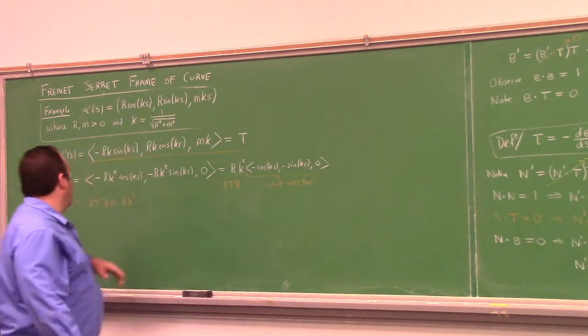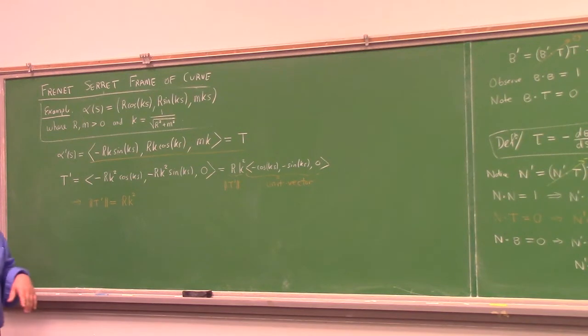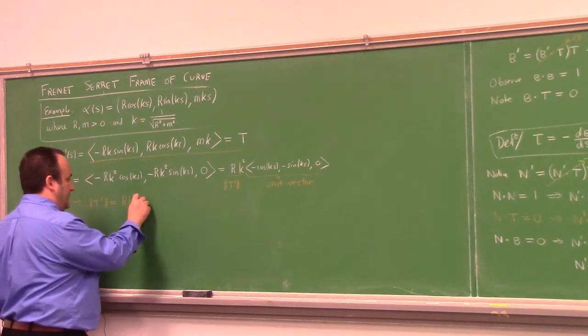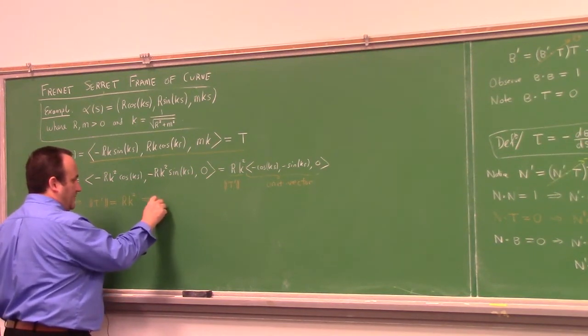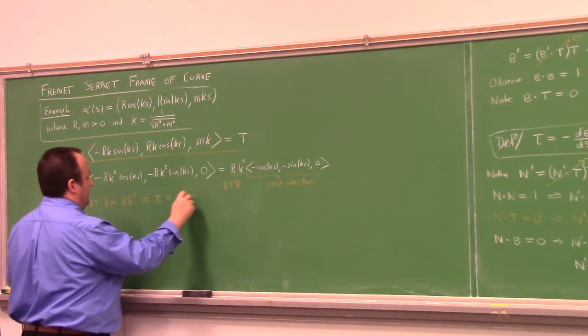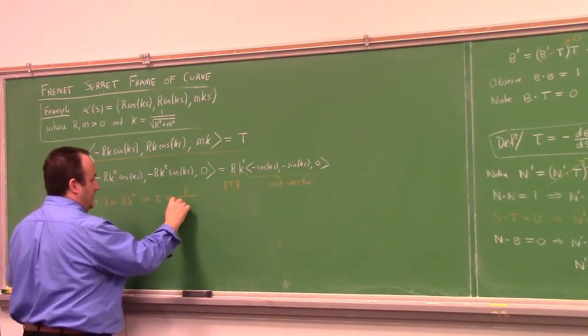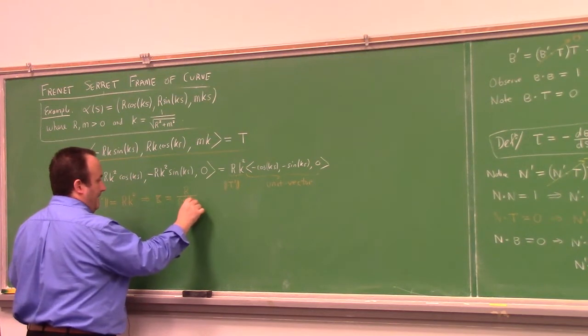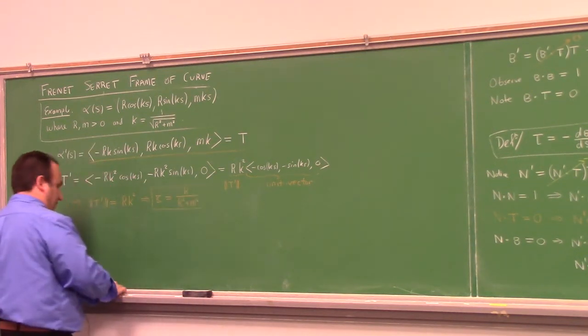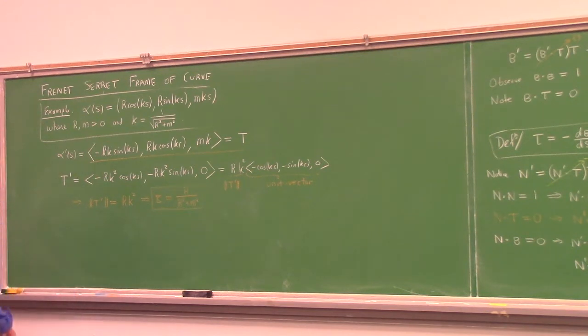And the magnitude of T prime is called the curvature, because we're using arc length parameterization. So the curvature for the helix is r divided by r squared plus m squared. There you go. That's the curvature of a helix, parameterized as we have it.